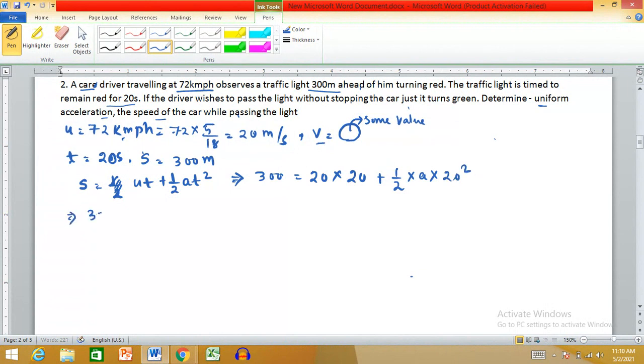So 300 is equal to 20 into 20, 400, plus half a, 20 square is 400.